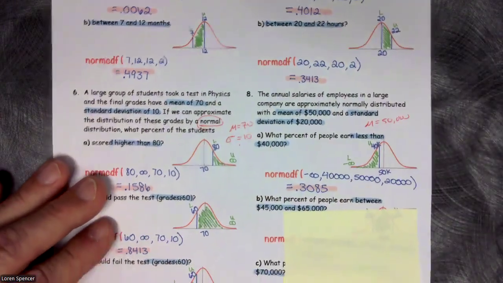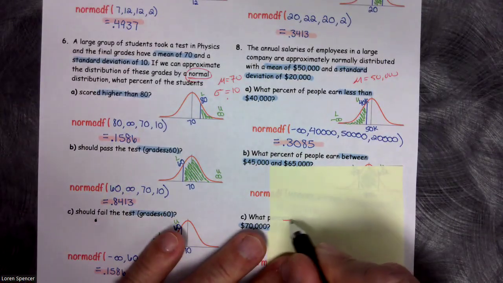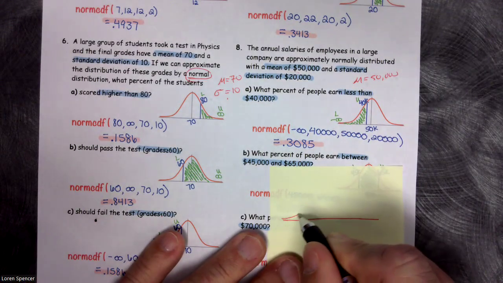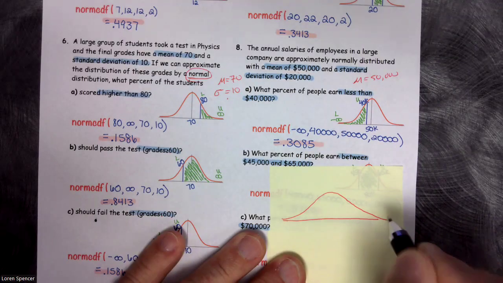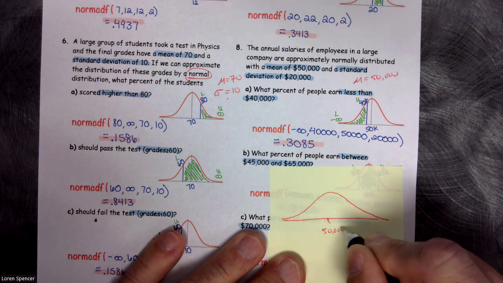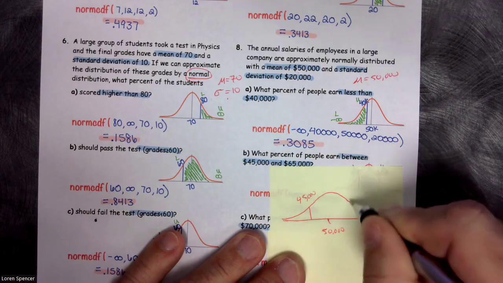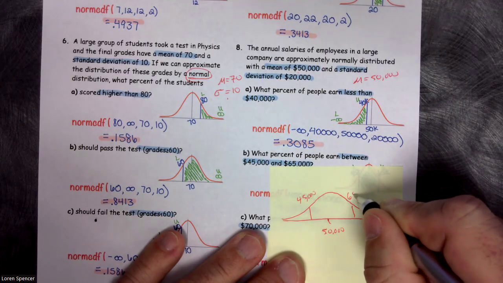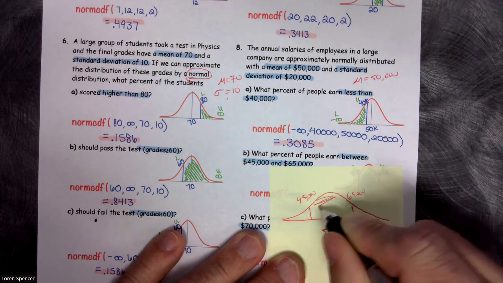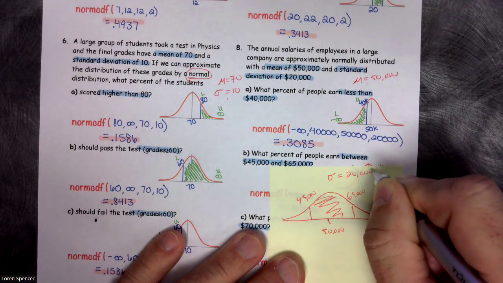There it is. What percent between 45,000 and 65,000? Once again, here's my mean, 50,000. My lower part, 45,000. My upper part, 65,000. We're looking for this, and don't forget, my standard deviation is 20,000.